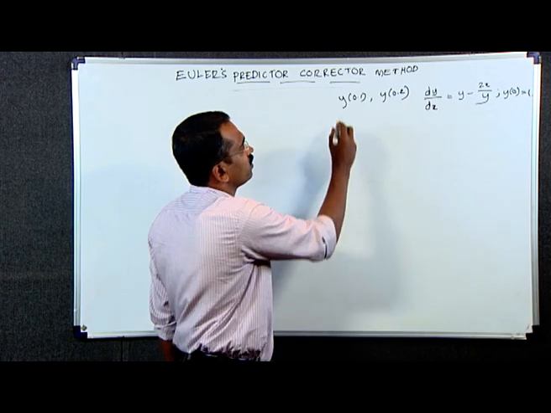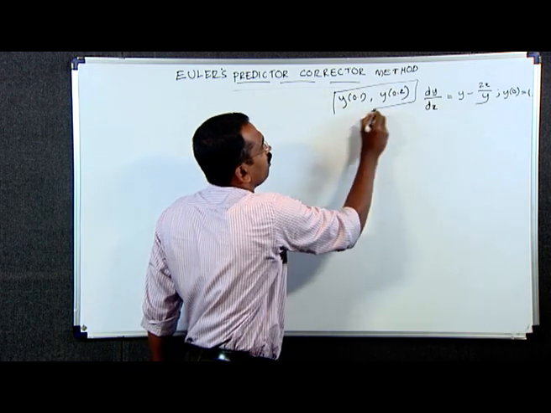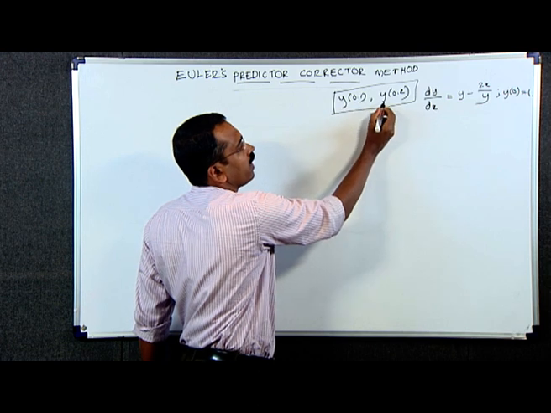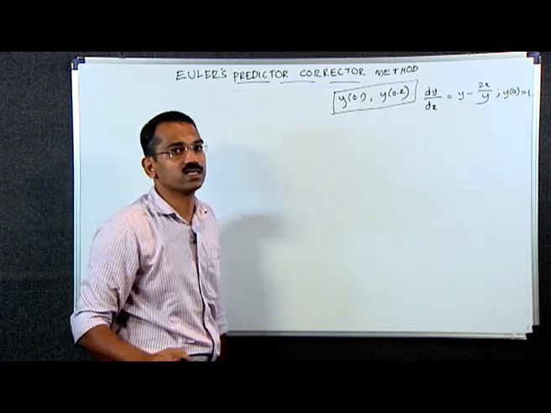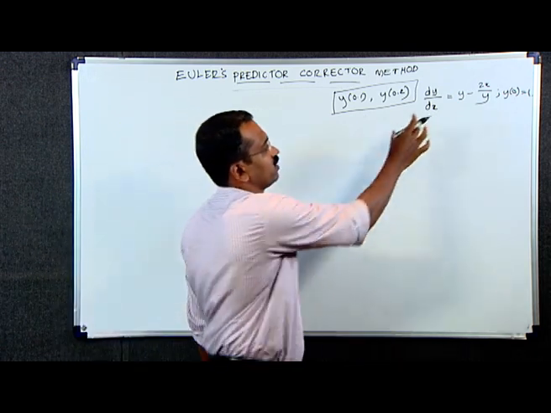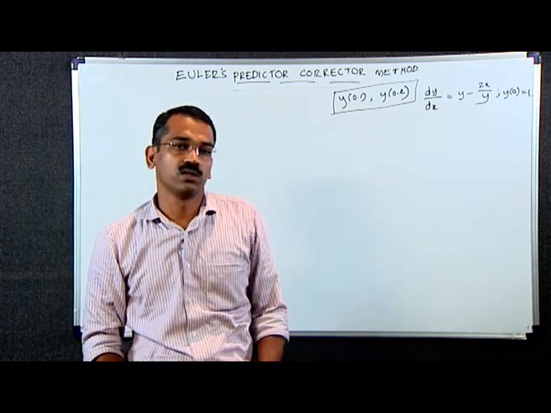We want to find the value of y 0.1 and y 0.2 using the Euler's predictor corrector method for this differential equation.